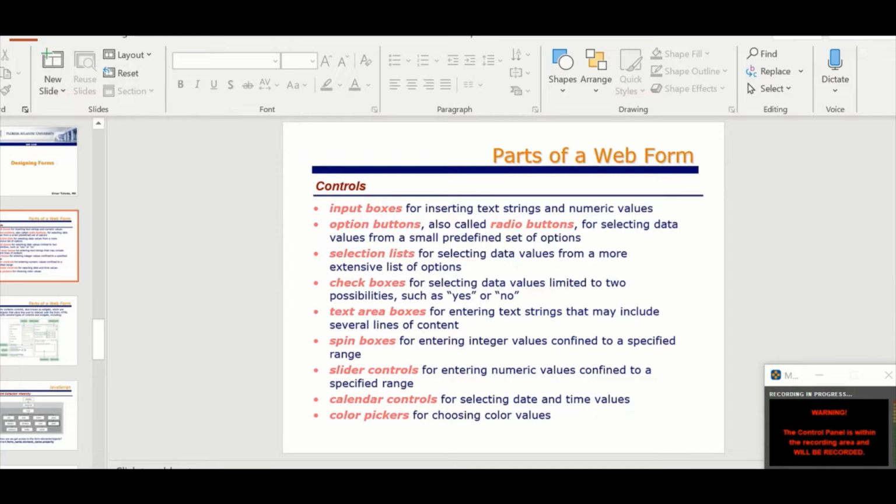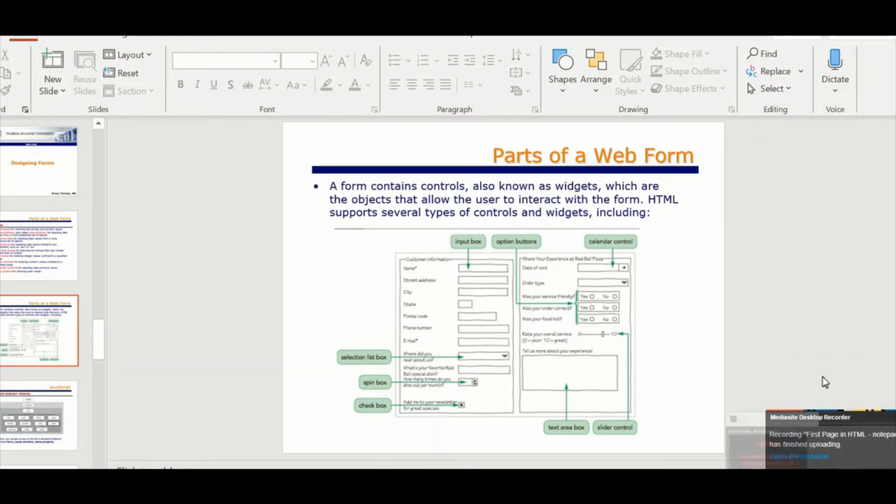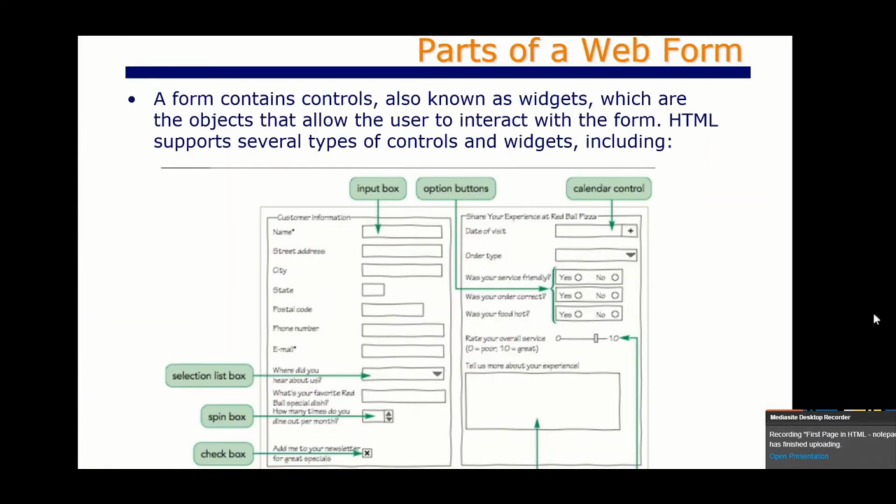So let's see what we're going to do now. Basically this is the element of the form. Let me maximize that. Okay, you're going to see these are input boxes, correct? And this is the text area, correct?